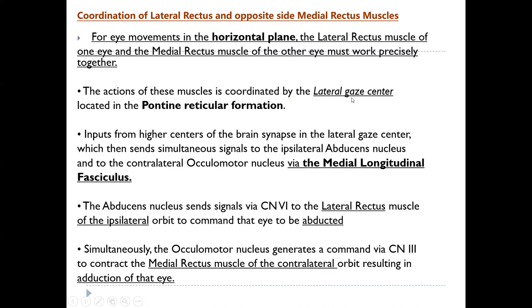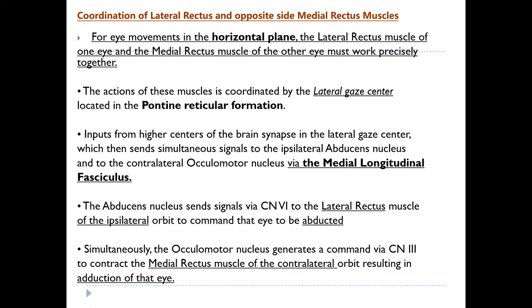And this lateral gaze center is very much in coordination with regard to this abducens nerve. So when the lateral rectus of one eyeball moves, the opposite eyeball medial rectus also has to move along with it if you want to have uniform, coordinated conjugate movements of the eyeball.